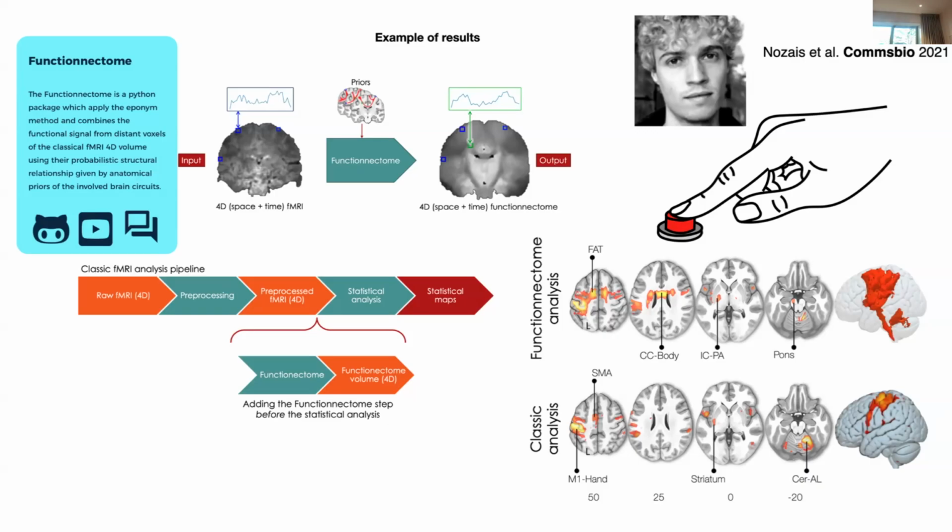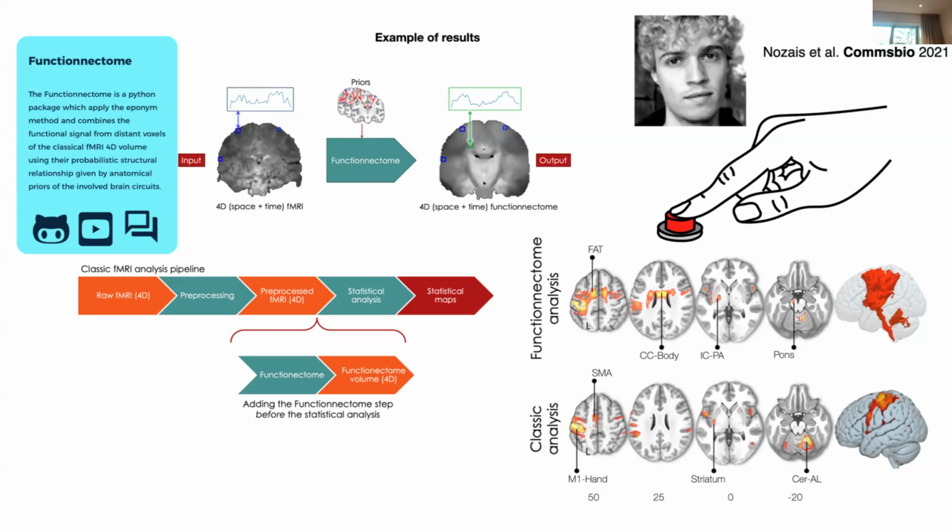So you take the classical fMRI, you use anatomical priors of how the brain is connected together, derived from high resolution diffusion weighted imaging, tractography built by our friend Flavio Delacroix. And then you use a weighted average. So you create this probability of how every voxel is connected with every voxel.